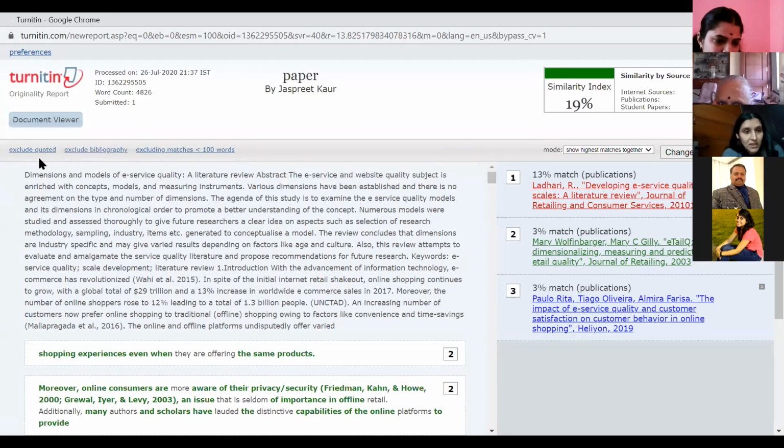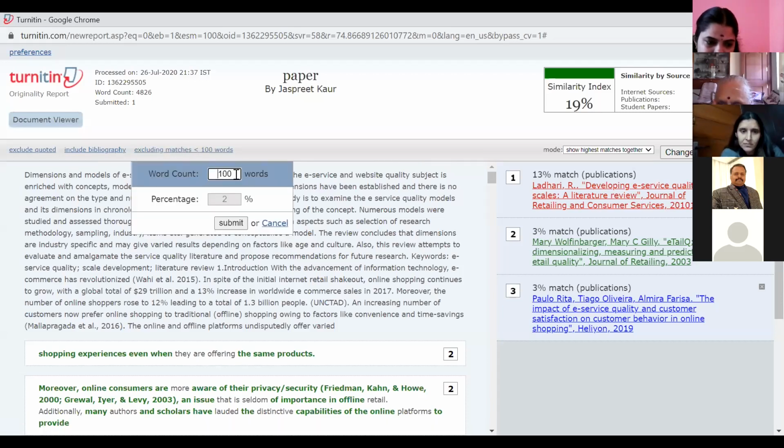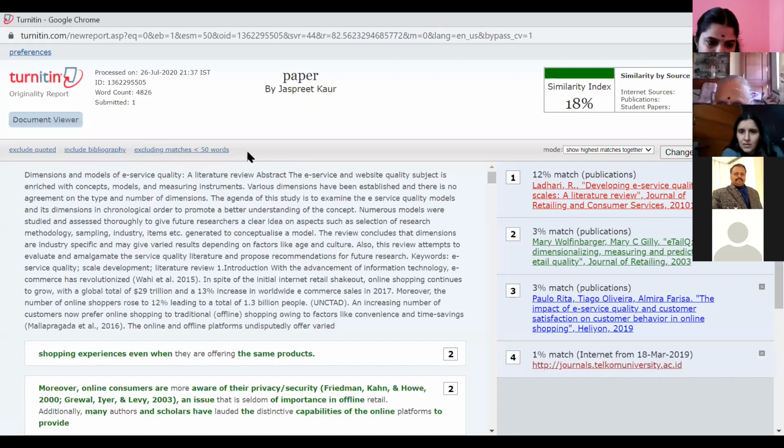Yes, questions? Any? Yes, ma'am. When you made it 100 words together, it should in fact decrease the similarity index instead. Why? Because earlier it was 18% when you put in 50 words. There are more chances of excluding the copy if you put in 100 words.